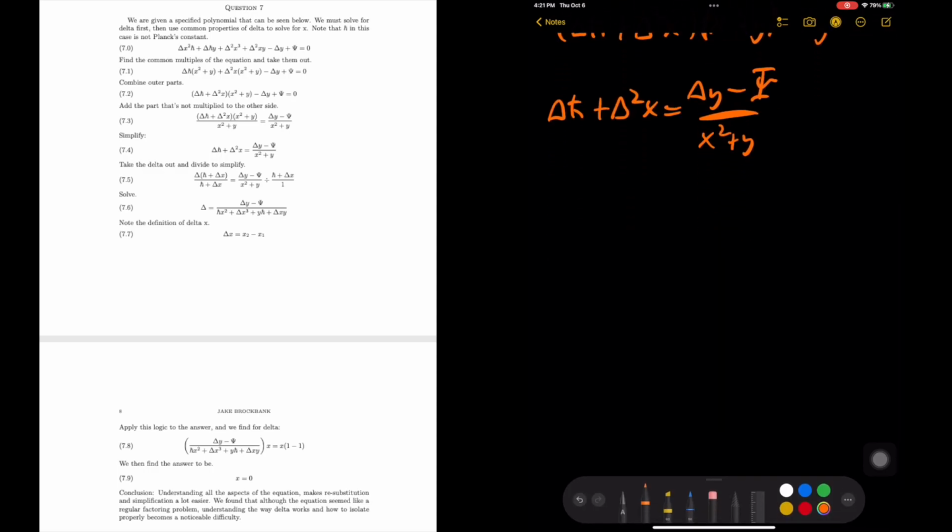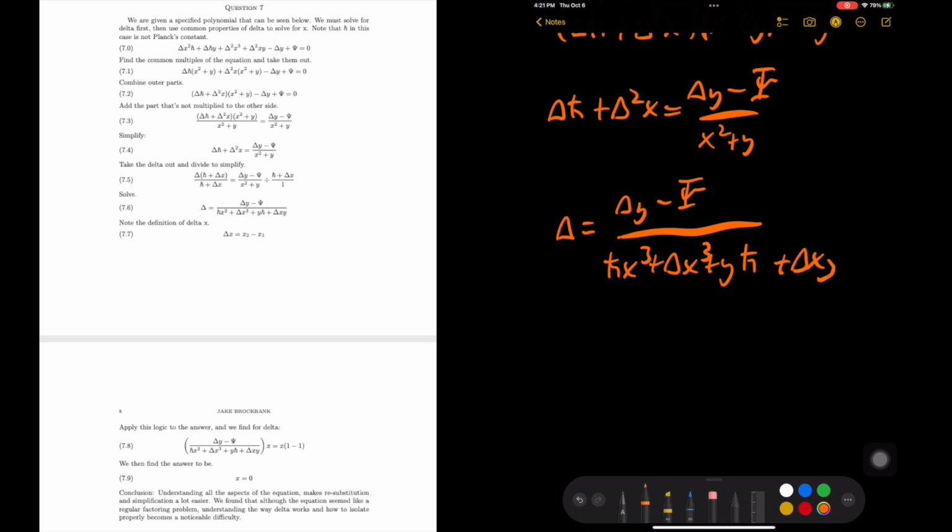Again, this is relatively easy. We'll take the delta out and divide to simplify, giving us that delta as a whole is equal to delta y minus capital psi over h bar x cubed, add delta x cubed, add y h bar, add delta xy. Okay, so that's all a part of that expression.